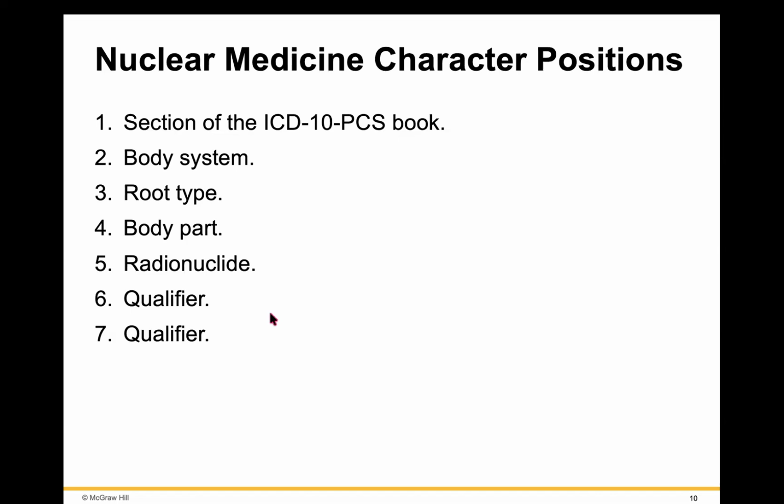What root type? What kind of nuclear medicine procedure is it? What body part? What is the pinpoint, the exact anatomical site? You're focusing on the granularity of detail here with that body part. The radionuclide: what radioactive substance is being used, if any? Qualifier: are there any special circumstances or details? And then a second qualifier. Again, sometimes there's a second qualifier in this section.